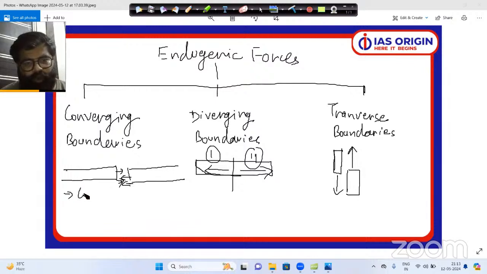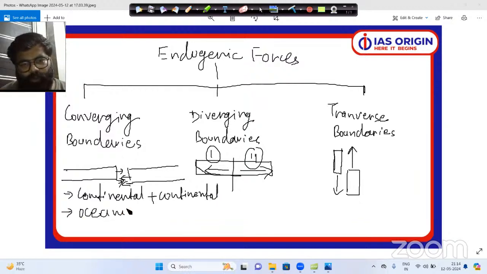Number one, a continental plate will be converging with another continental plate. Or number two, an oceanic plate will be converging with another oceanic plate.